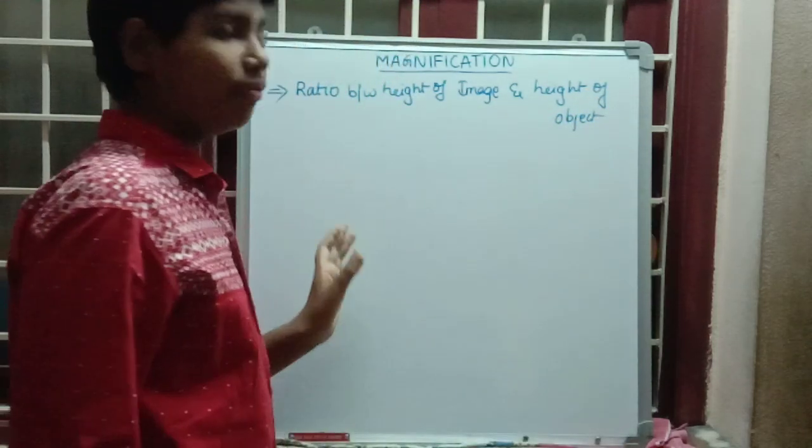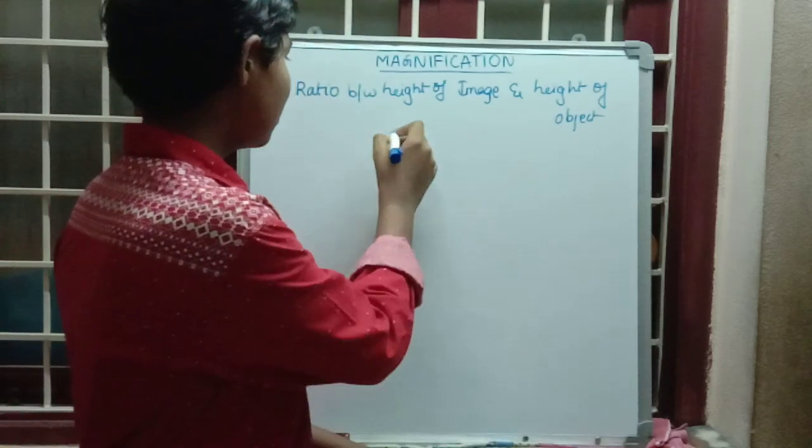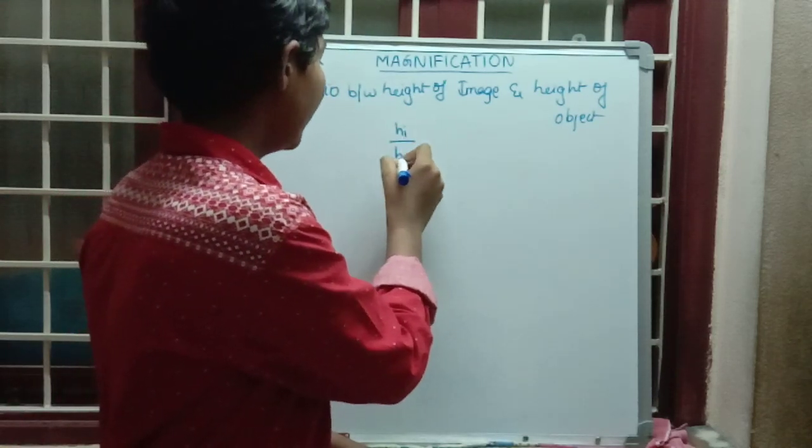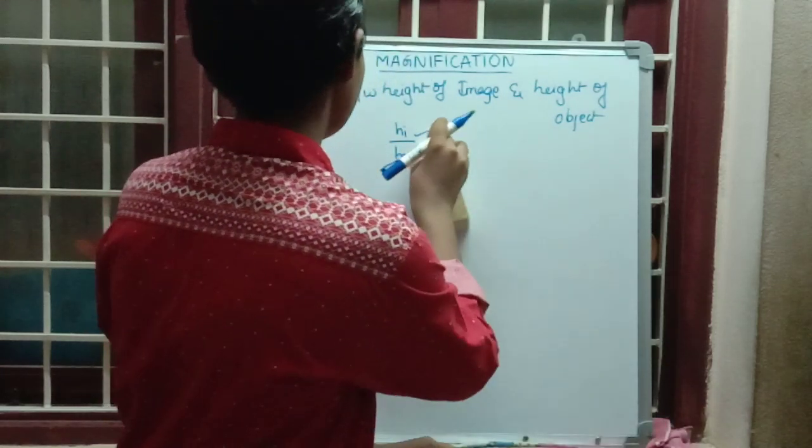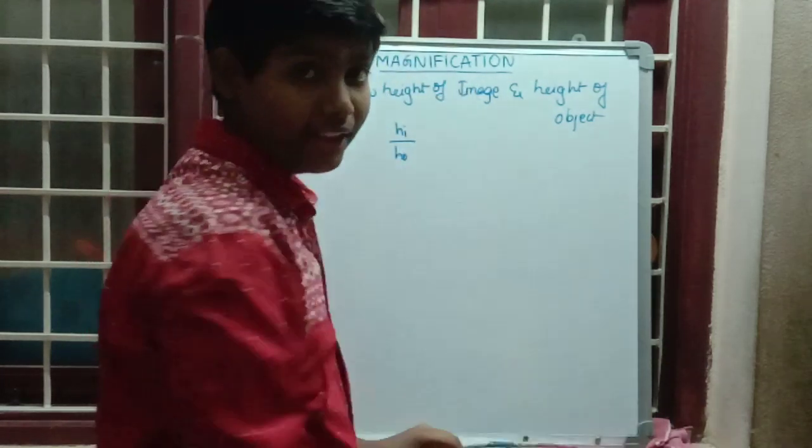This is the definition for the magnification. That means hi by ho, height of image by height of object. I means image, h means height here.